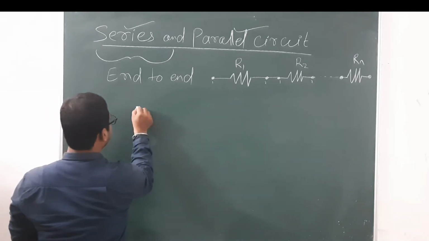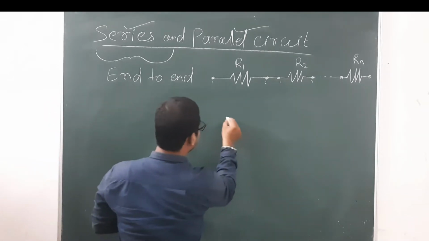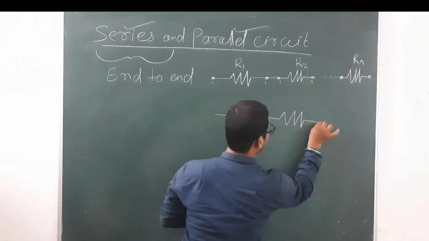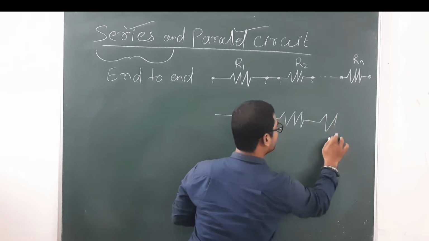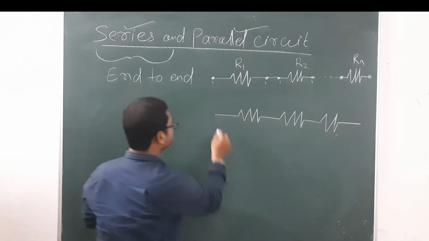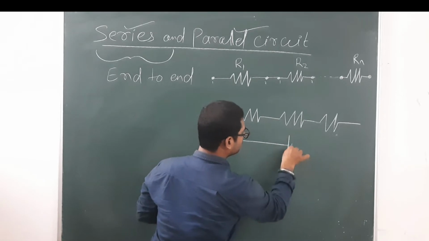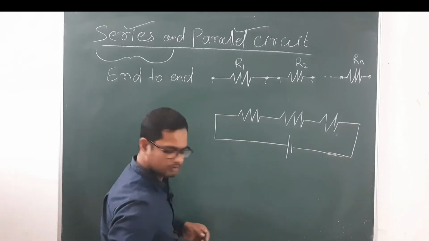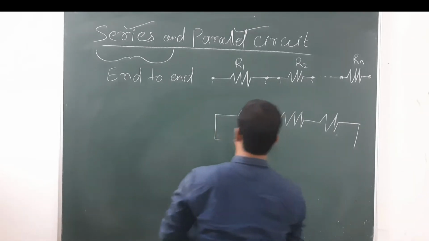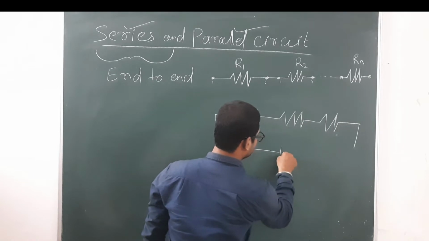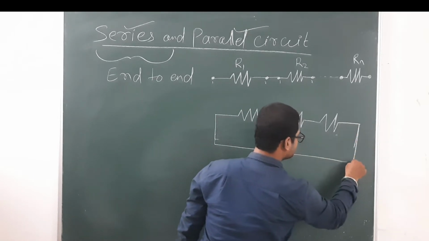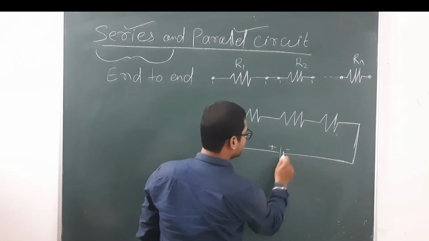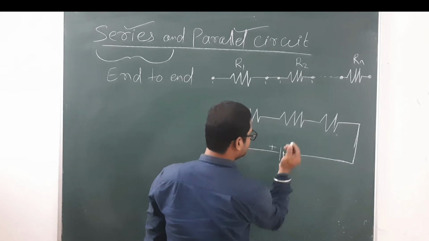I am drawing a simple circuit here. Look at the board how I am drawing the circuit. This is the DC voltage source, with positive and negative terminals, and the voltage is V volts.